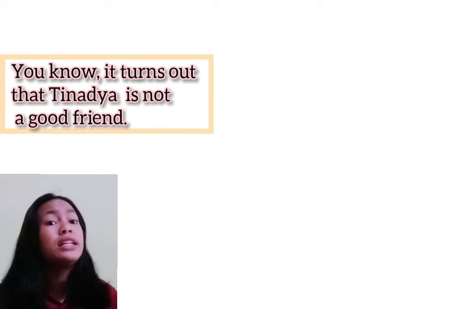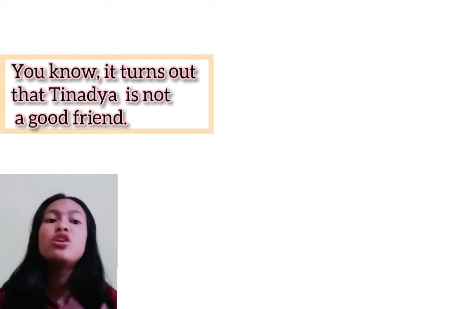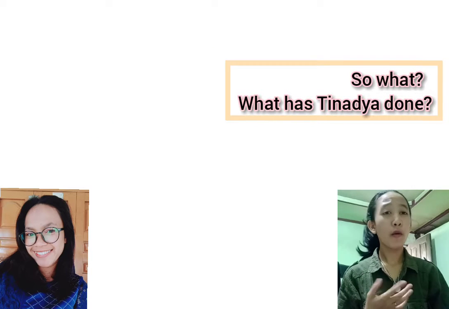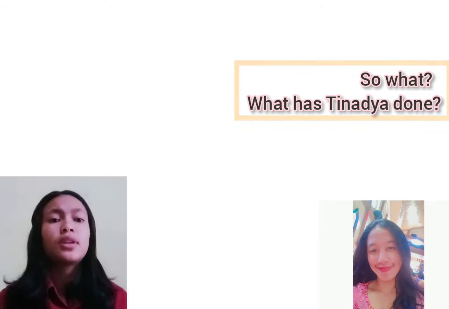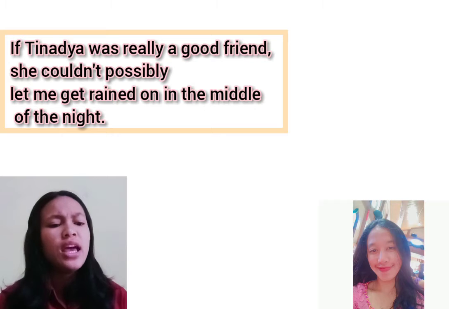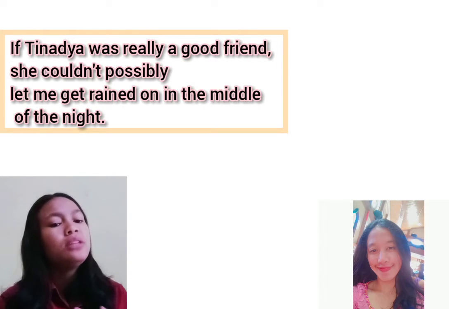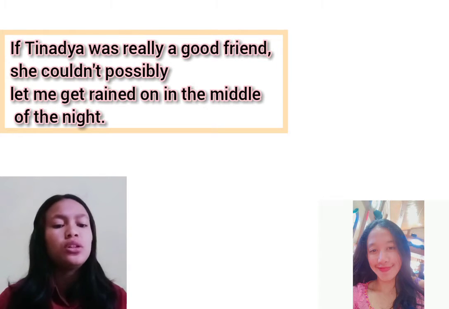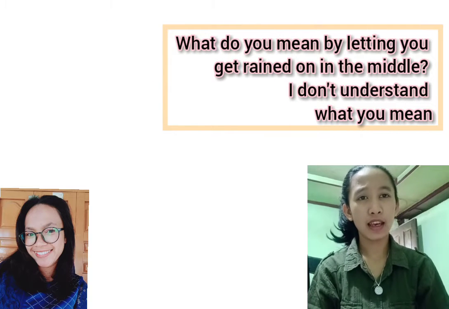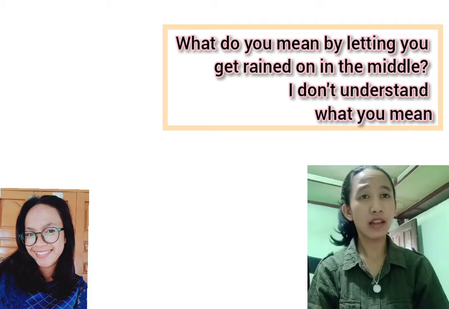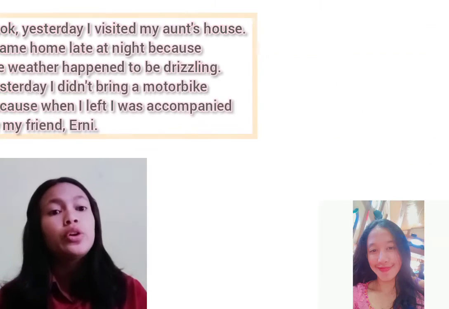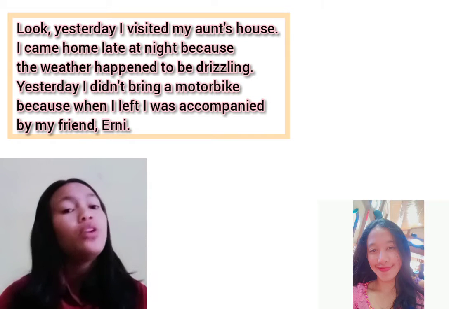You know, it turns out Tinadia is not a good friend. So what? What has Tinadia done? If Tinadia was really a good friend, she couldn't possibly let me get rained on in the middle of the night. What do you mean by letting? I don't understand what you mean. Look, yesterday I visited my aunt's house.